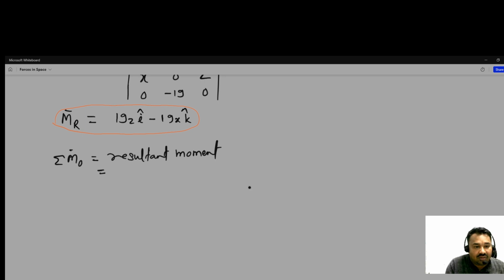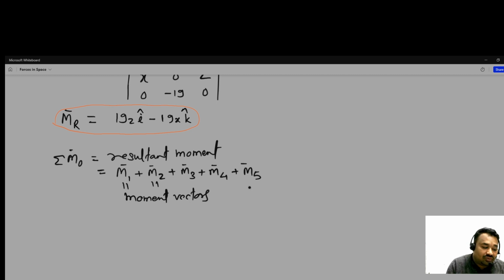We have to sum up all the moments, m2, m3, m4, m5, okay, and all in vector form. Now how to get m1? And m1 is what? These are what? So these are the moment vectors.